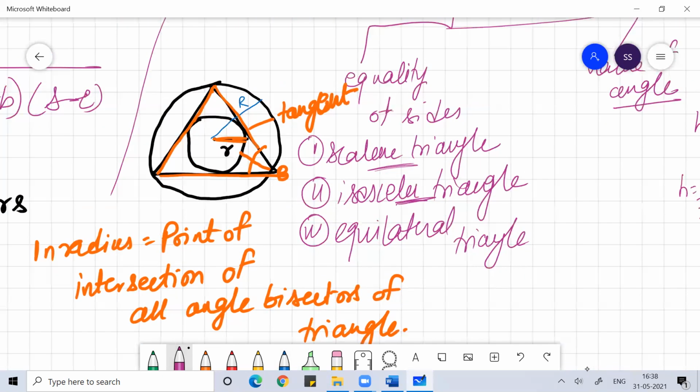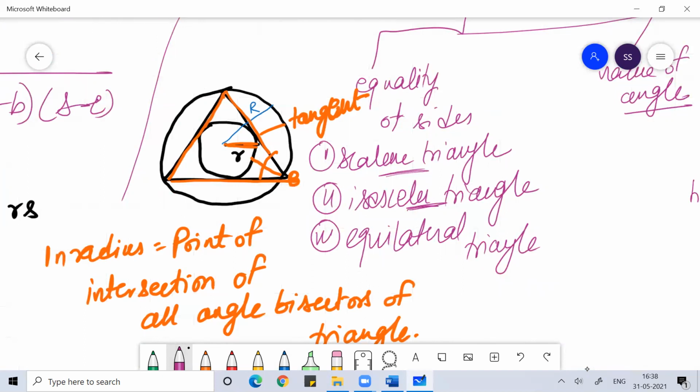So if you put the compass where all three angle bisectors of the triangle meet, and take the other end at a side as the radius r, and then draw a circle, that circle will be drawn such that the sides of the triangle become tangents to the circle.